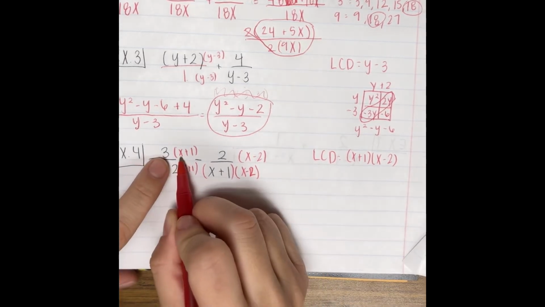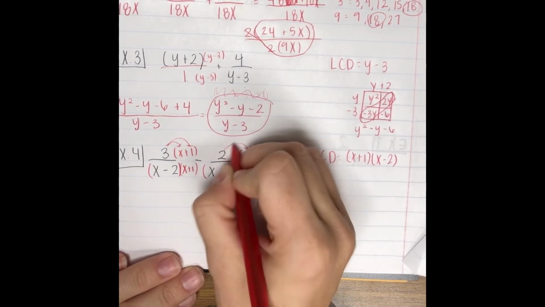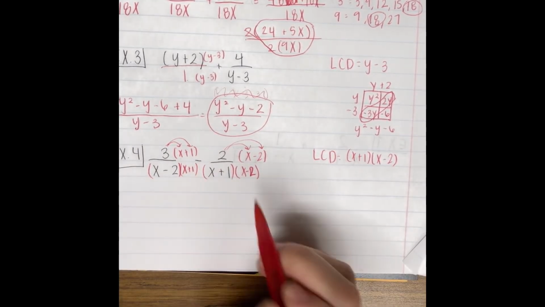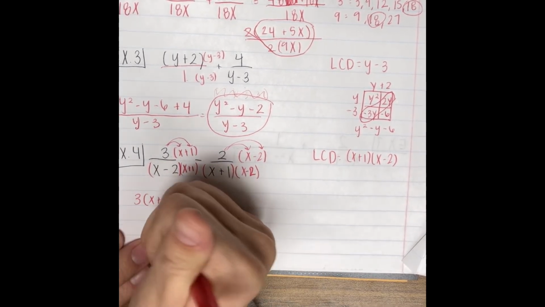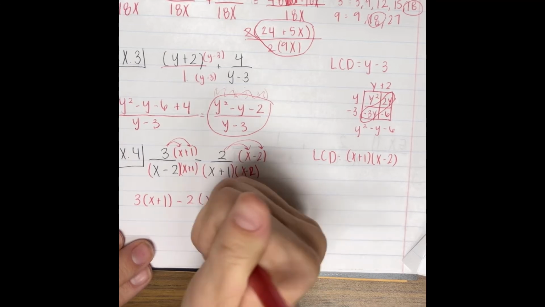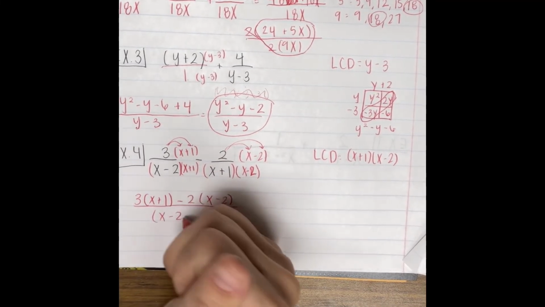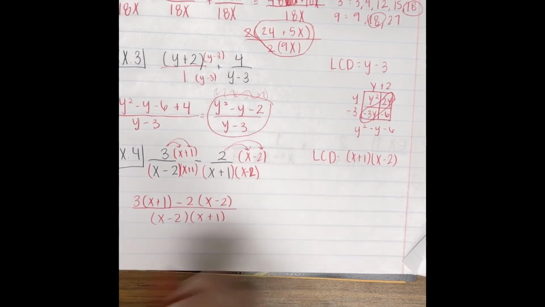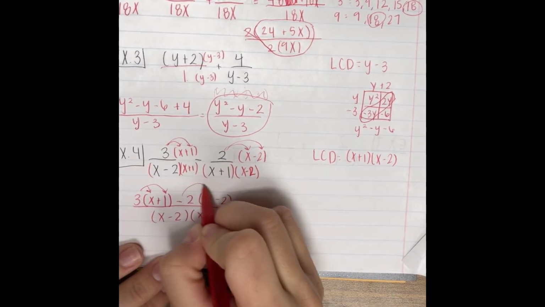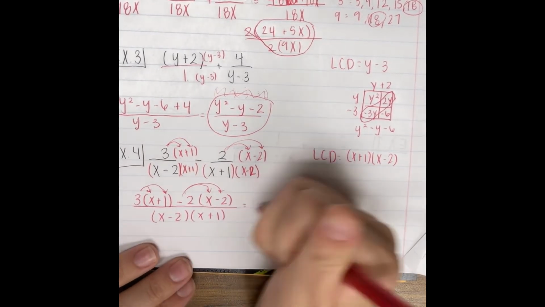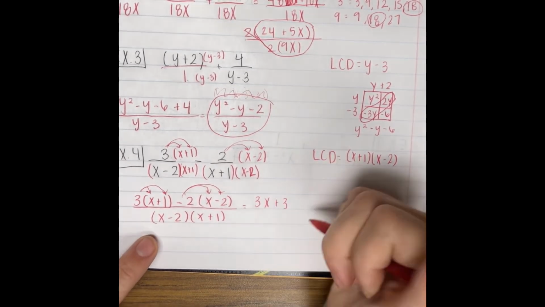So then on top, I'm going to need to eventually distribute to both, right? And this is a minus. So what we have is 3 times x plus 1 minus 2 times x minus 2 over x minus 2 times x plus 1. Okay, so I'm going to distribute. Okay, so then I get 3x, and then 3 times 1 would be plus 3.